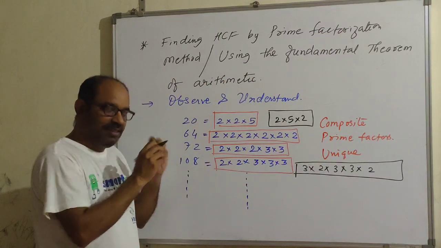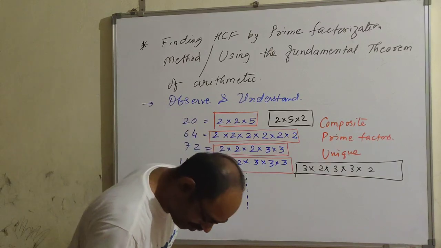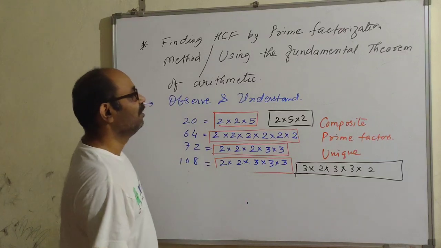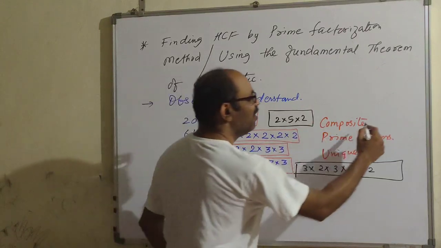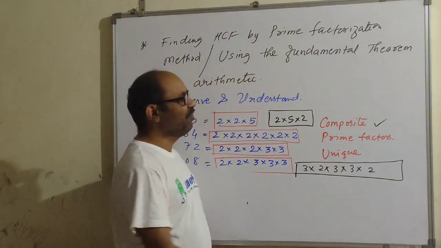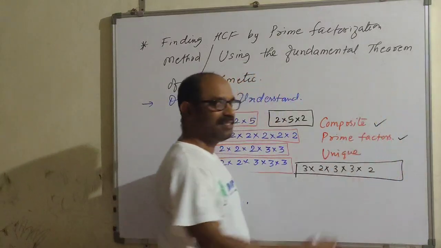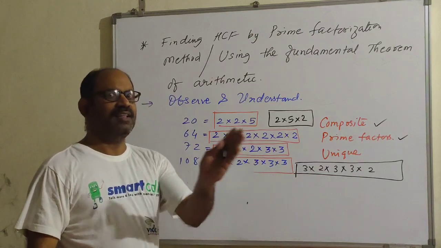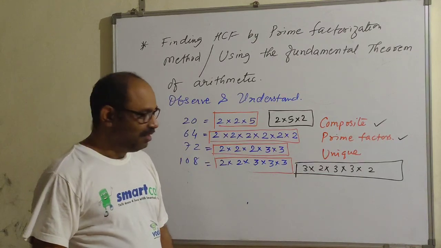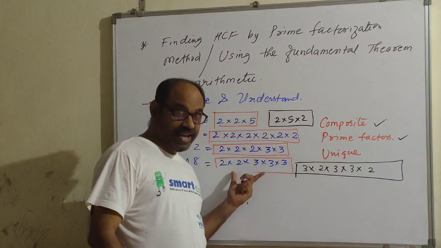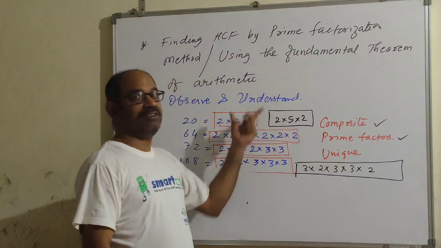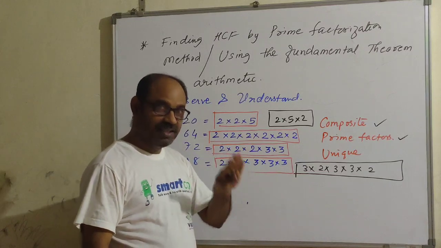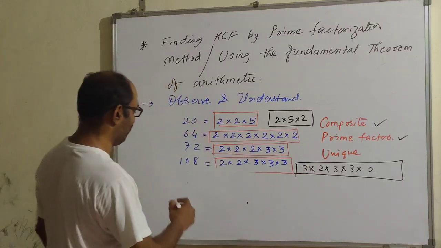Can we put it in the form of a statement? Once again, I will help you. What we had taken here? Composite numbers. What we observed? They can be expressed as a product of prime factors. Yeah, they can be factorized in the form of prime numbers. What else? That expression, that multiplication is unique. Let us put that in the form of a statement.